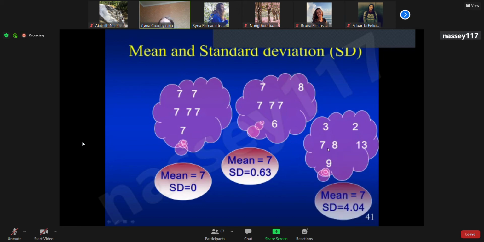And about the third one, the mean is also 7, but variation is very large, and standard deviation is equal to 4.04. So this is an example that demonstrates it's not enough to look at the average parameter, because the mean is equal to 7 for every sample which we take. But standard deviation is 0 in the first example, 0.63, which is very small, and 4.04, which is very large, in sample number 3.